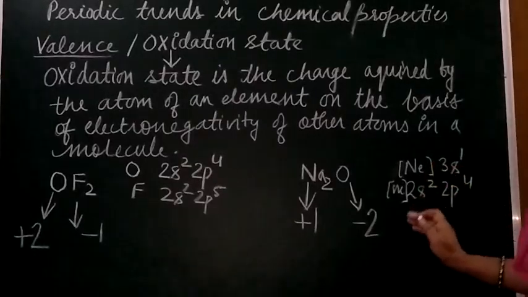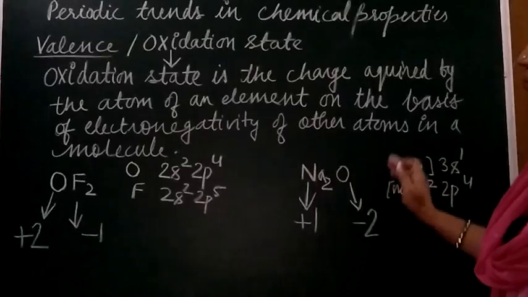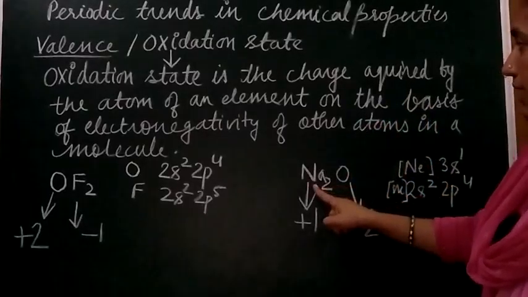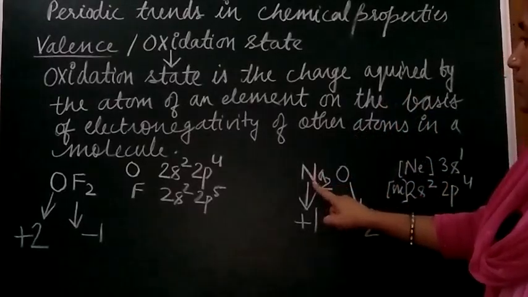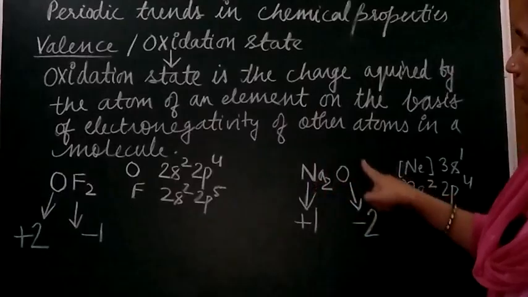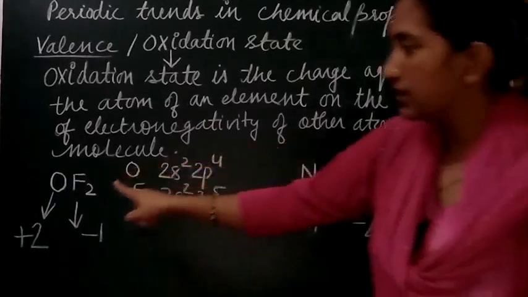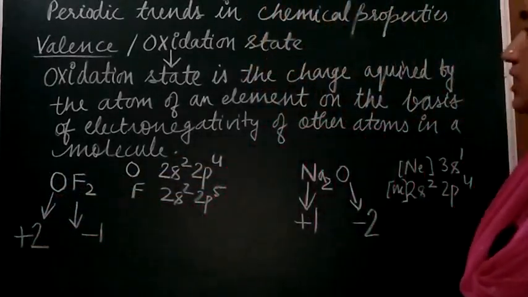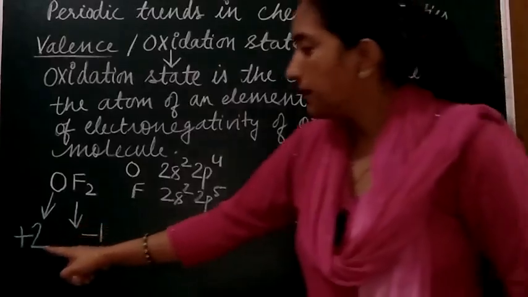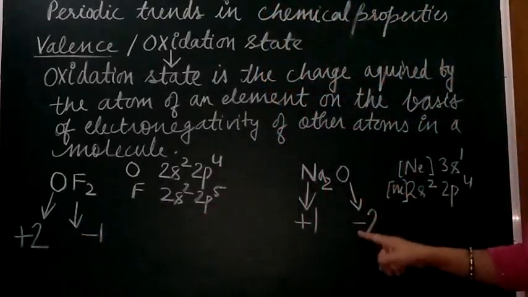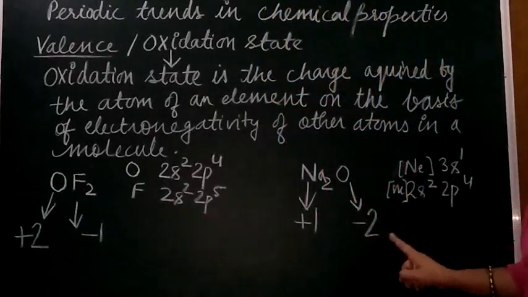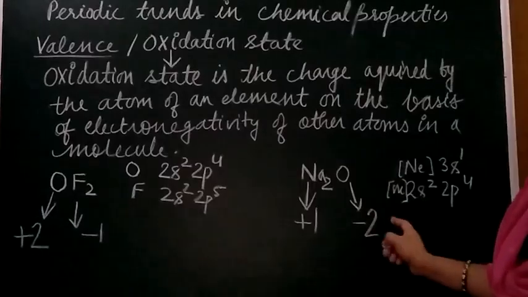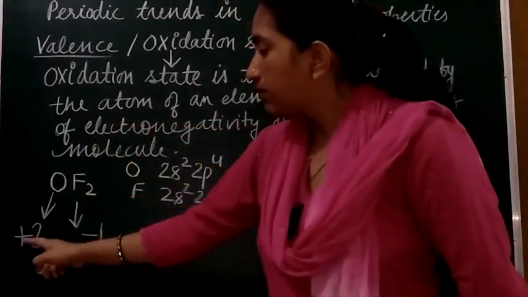What is oxidation state? Oxidation state is the charge acquired by the atom on the basis of the electronegativity of the other atom present. If you see here, oxygen is getting the oxidation state of +2. But in the second example, it is showing the oxidation state of -2. So why was it +2 here?